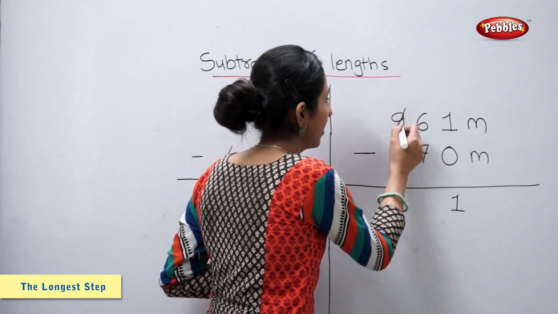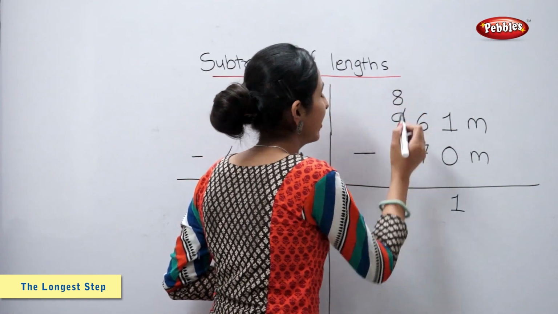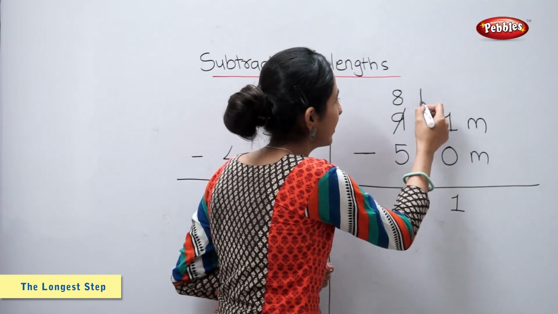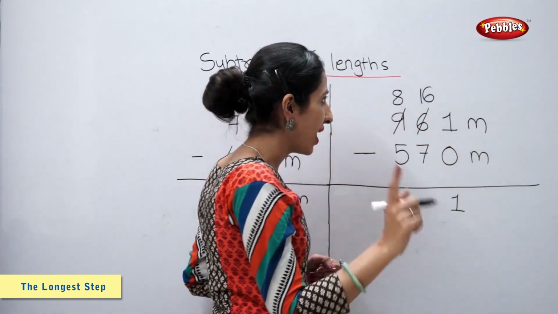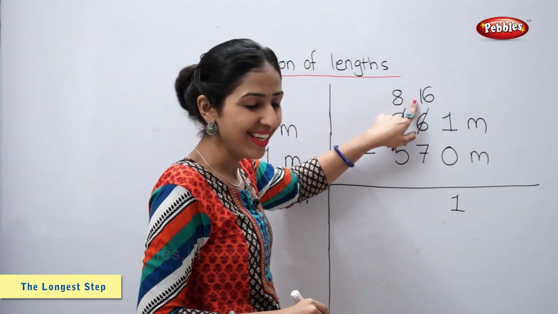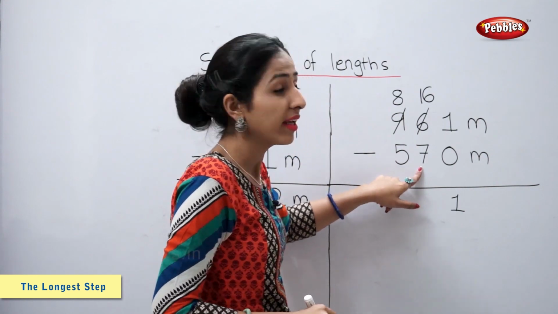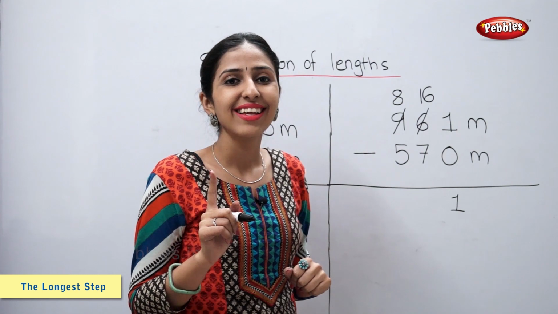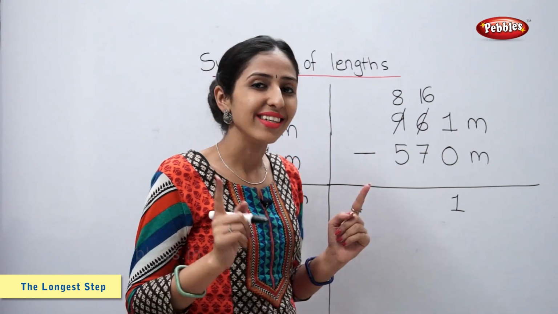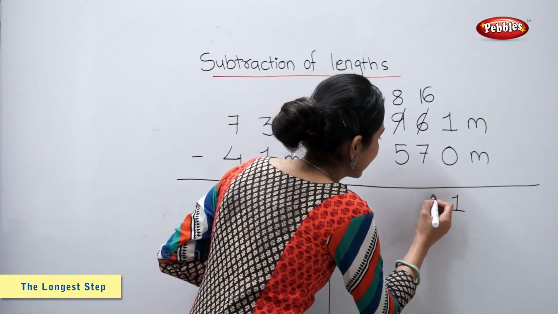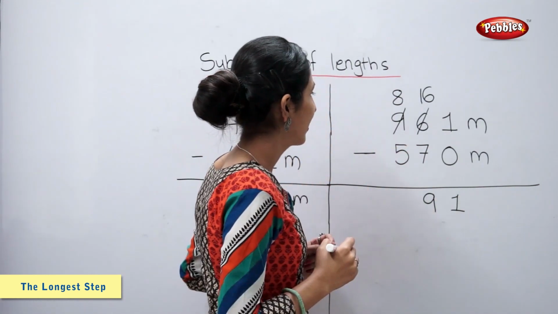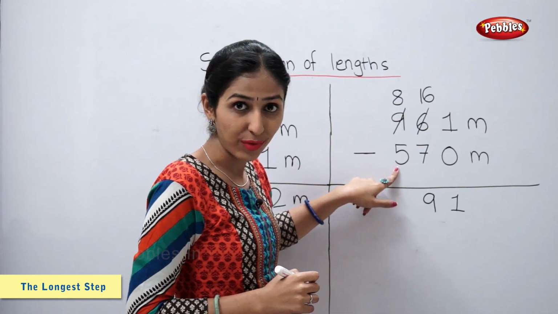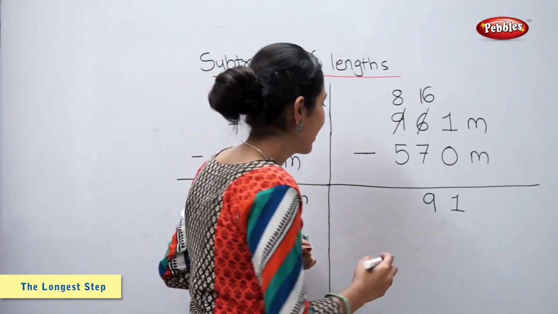9 becomes 8. 6 becomes 16. So now 16 minus 7 is equal to how much? Count and tell me. Correct. That is 9. 8 minus 5 is equal to 3.